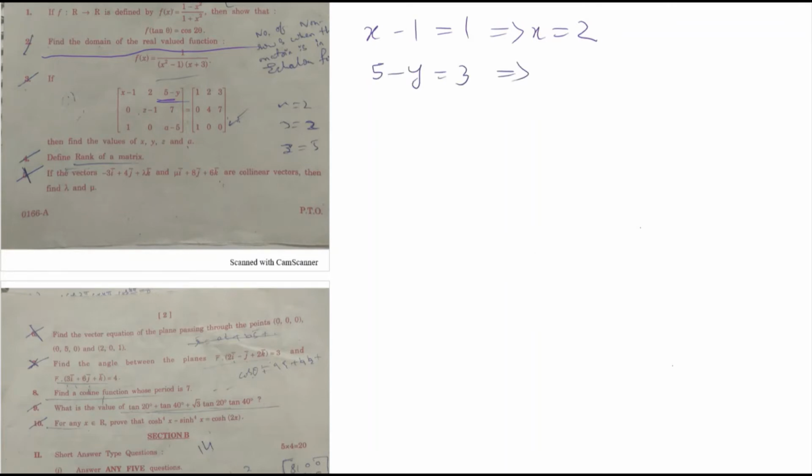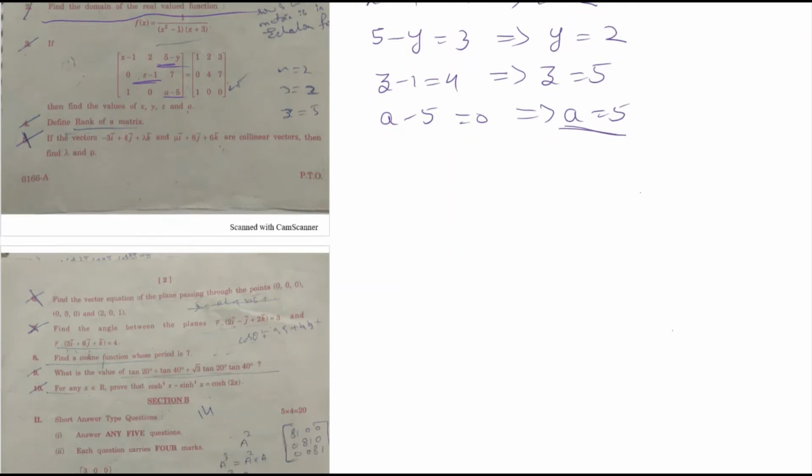That implies y equals 2. And equating the middle element, z minus 1 equals 4. That implies z equals 5. And equating the last element, a minus 5 equals 0, implies a equals 5. So these are the values of x, y, z and a.